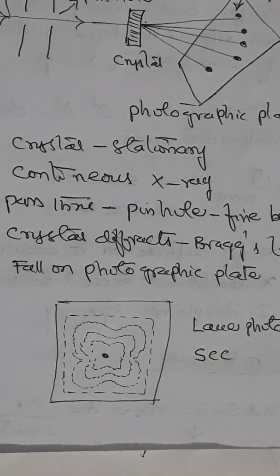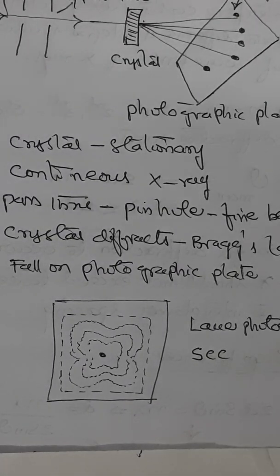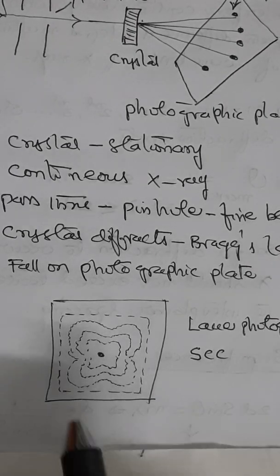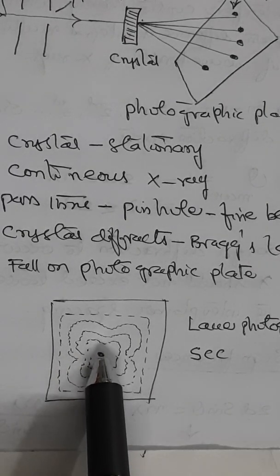So when you analyze the advantages or disadvantages of this, I told that this Laue method is used for determination of crystal orientation and symmetry. It is also used to study the crystalline imperfections, which are called defects. Fine. But there is a biggest disadvantage. You see this image, you are only getting one spot.